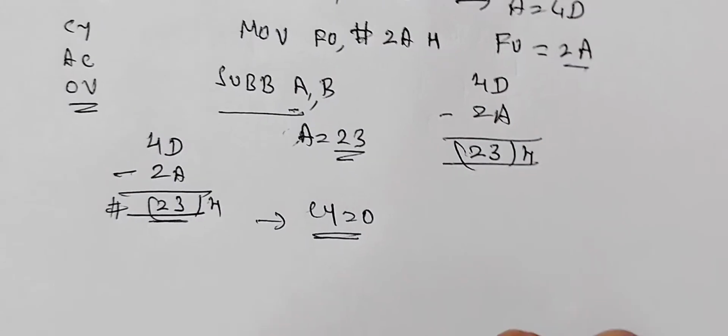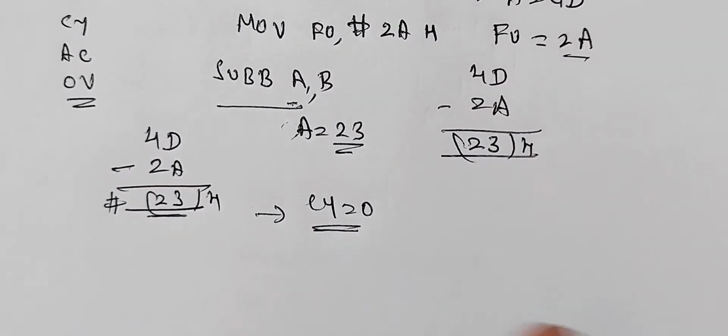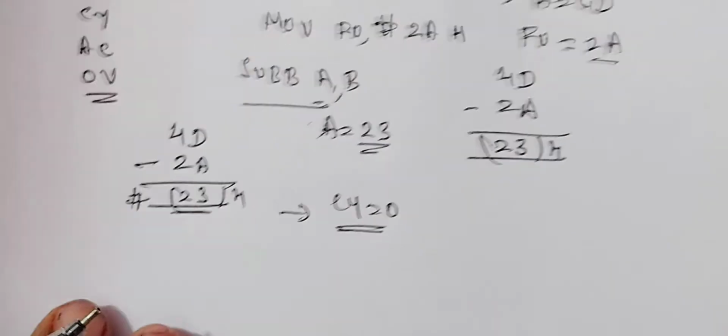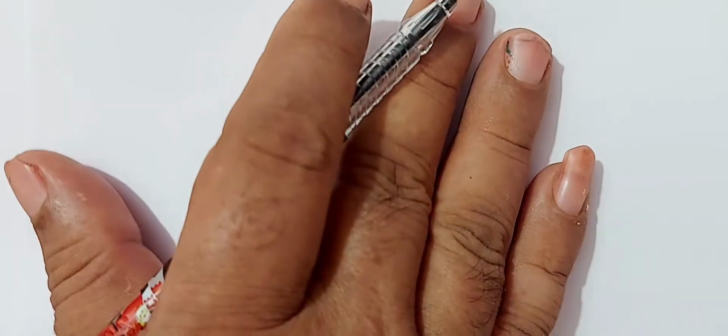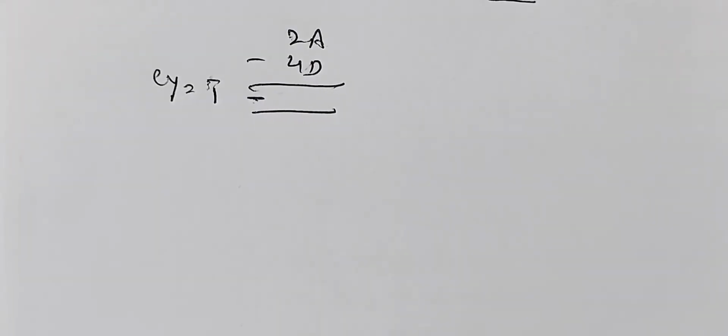But you can subtract the higher data from the lower data also. So example, you can subtract 2A minus 4D. In this case, the result is negative and the carry flag CY is a borrow 1. That is, 1 is loaded with the carry flag.